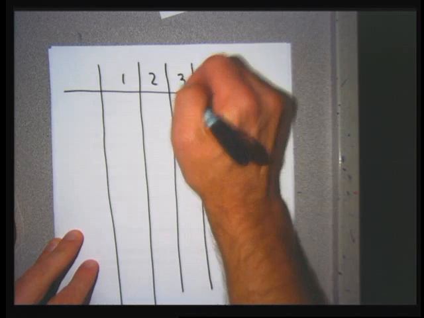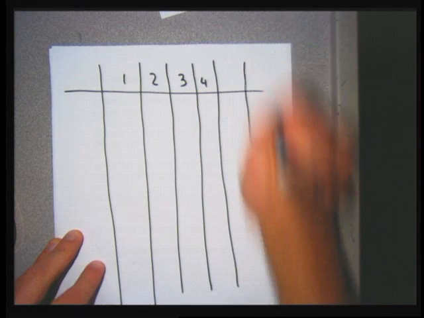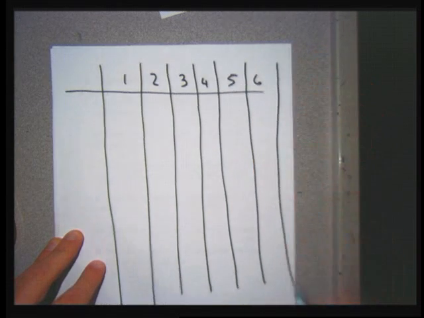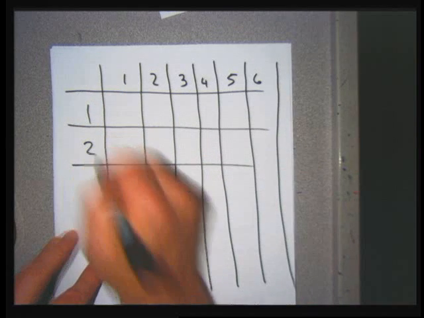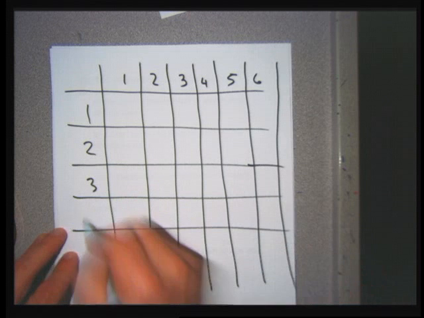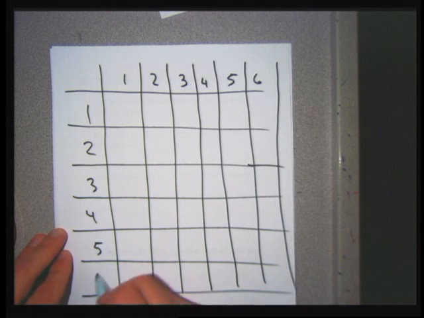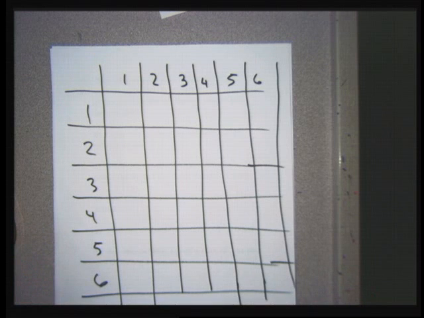I'm going to put the numbers 1 through 6 along the top of the table, and along the side. So this is another way to create a sample space, and it's not a tree diagram, and the only time I use a table to create a sample space is for rolling 2 6-sided dice.